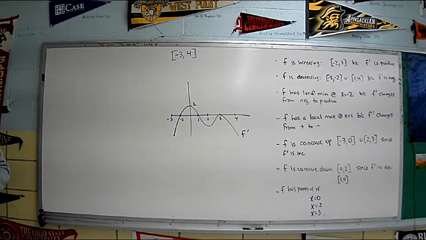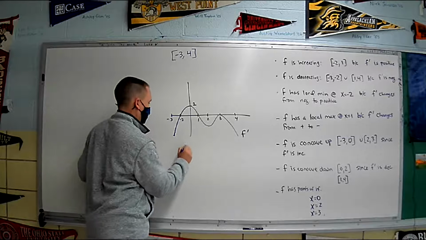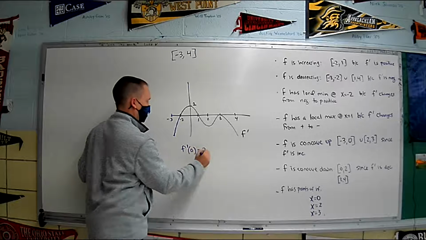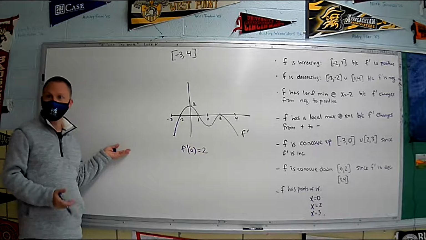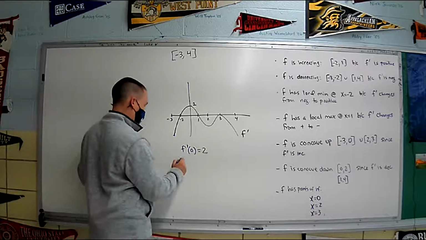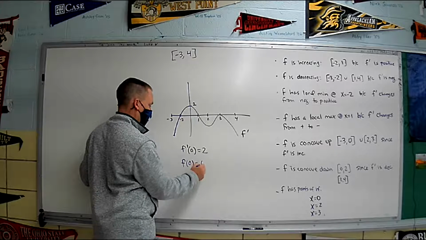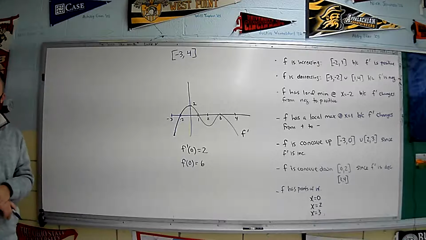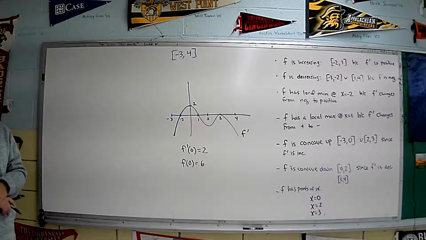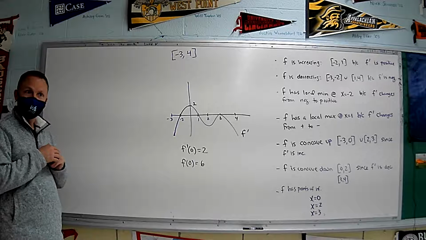I effectively just said F prime of 0 is 2, right? Okay, now what if I tell you this? Suppose F of 0 is 6. Could you tell me the equation of the tangent line to f at x equals 0?